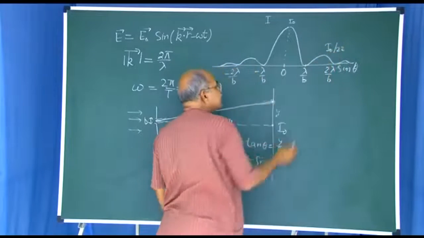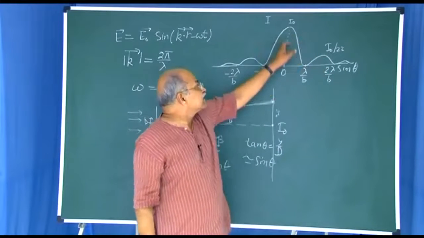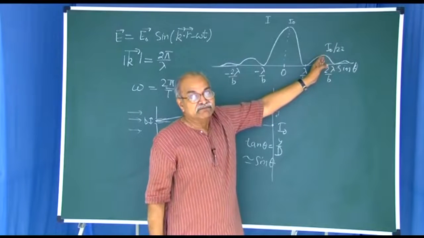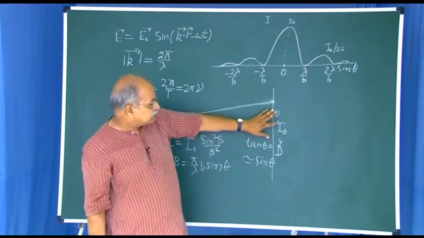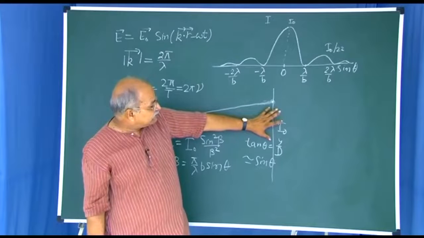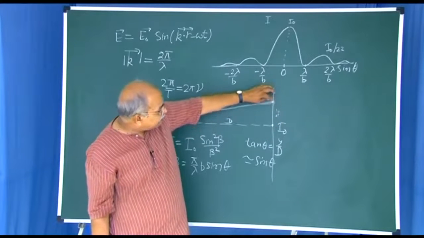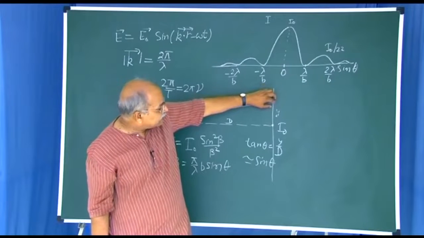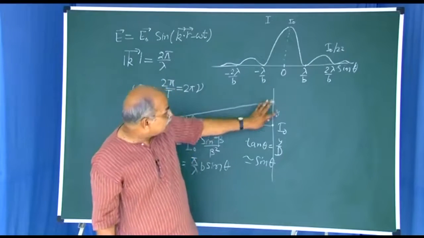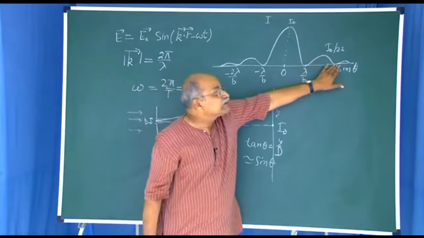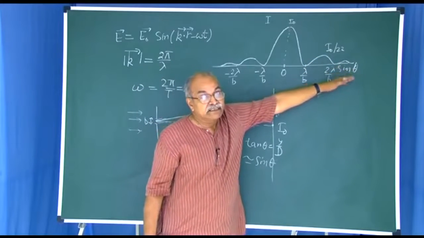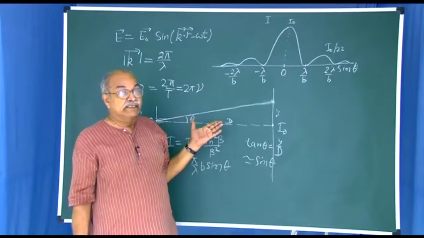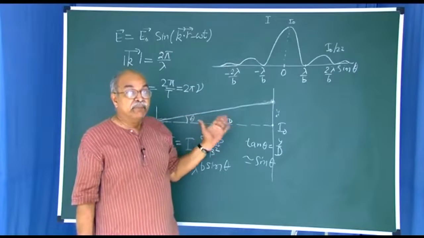So, this intensity is small compared to the intensity here, nevertheless in its own neighborhood this is a maximum. So, you have a bright band, then you have dark, and then again a bright band which is not very bright, but still in its own neighborhood it is a band, and then again intensity becomes 0 and again it increases. So, you have an alternate dark, bright, dark, bright type of pattern.